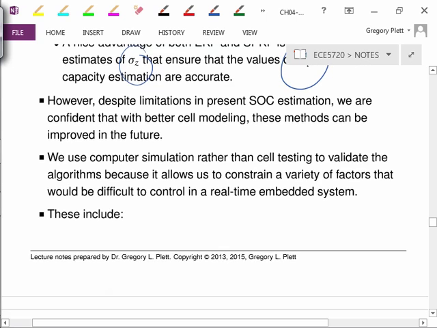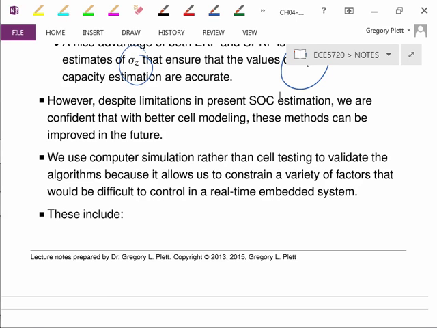There are some limitations to what we can do with SOC in practice right now. I expect that over time people will come up with better models and that will give better estimates, so that will give us a smaller sigma xi, but that doesn't change anything that we've studied here. It's just going to give us better capacity estimates using the same method because the sigma xi is an input to the method.